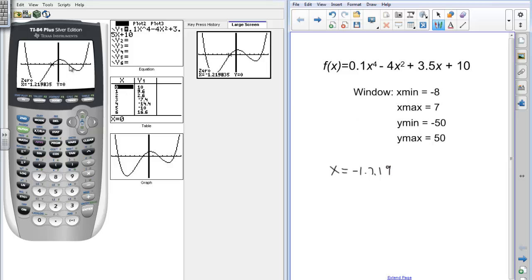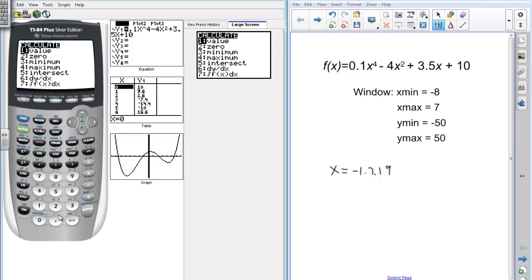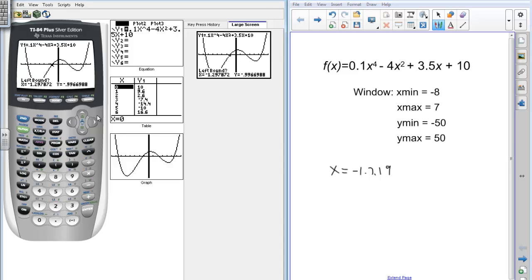Let's do this other one, and you guys should pause the video and see if we get the same answer. Again, second calc 2. Now again, I want to go to the left and right. This time when I go to the left, I'm going to start with a positive y value, 3.57. Enter.